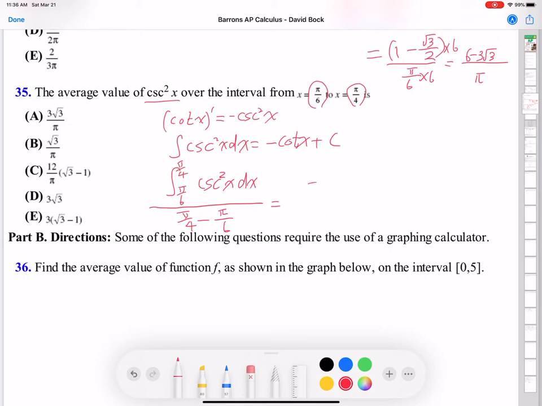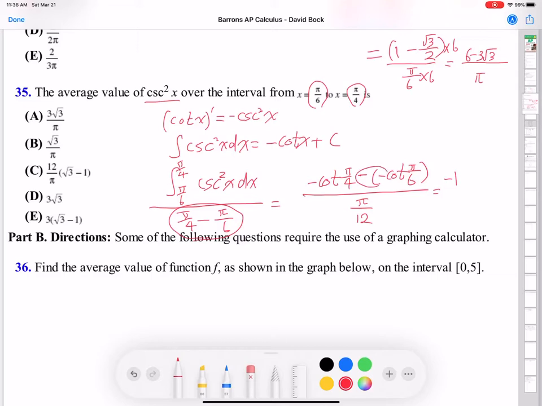It is a negative cotangent, right? Negative cotangent pi over 4 minus negative cotangent, because integral of cosecant squared is negative cotangent, bottom number is pi over 6, all over pi over 4 minus pi over 6, which is pi over 12. Cotangent is 1 over tangent, right? Cotangent pi over 4, 1 over tangent pi over 4, which is 1 over 1, is 1, so negative 1.